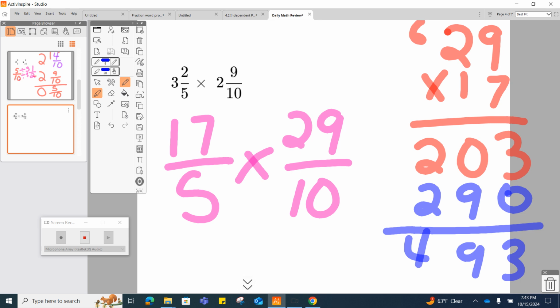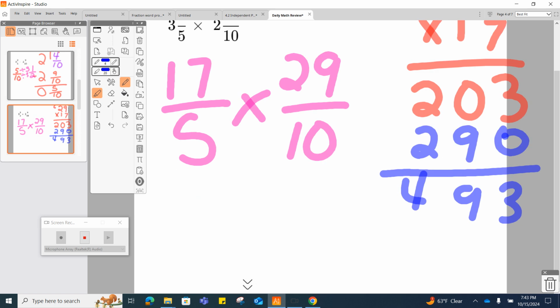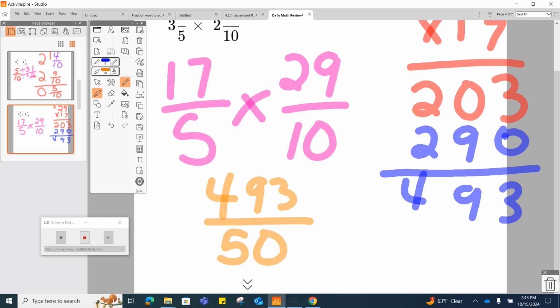So I now have 493 over 50. I have to convert that improper fraction to a mixed number. So I'm going to get my eraser and erase some of this over here.